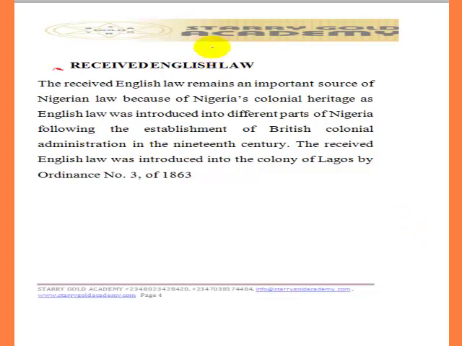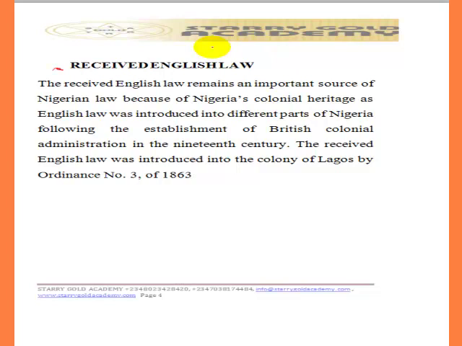The received English law remains an important source of Nigerian law because of Nigerian colonial heritage, as English law was introduced into the different parts of Nigeria following the establishment of British colonial administration in the 19th century. The received English law was introduced into the colony of Lagos by Ordinance number 3 of 1863. So that was the reason why the English law was introduced into every part of Nigeria.